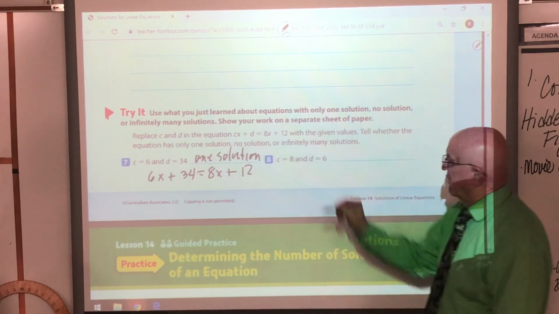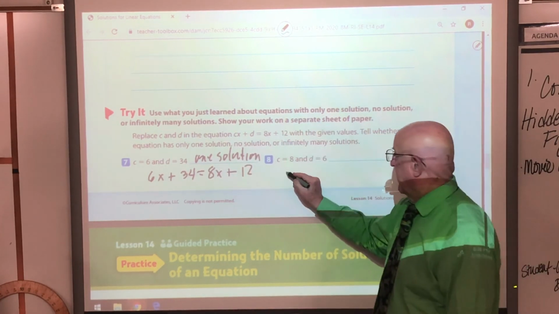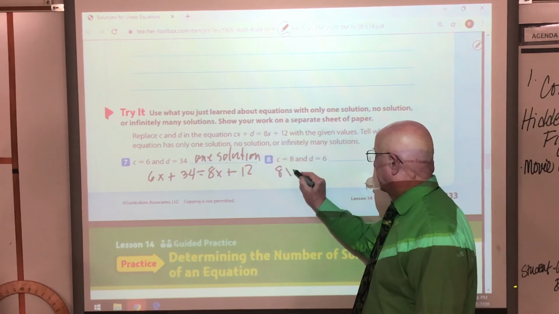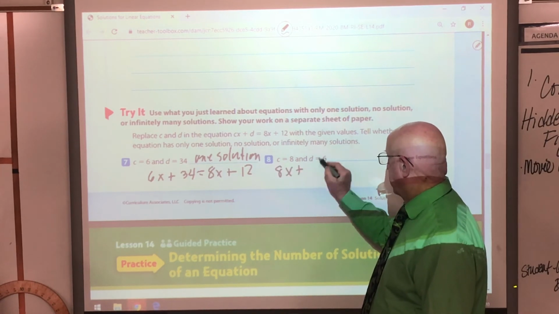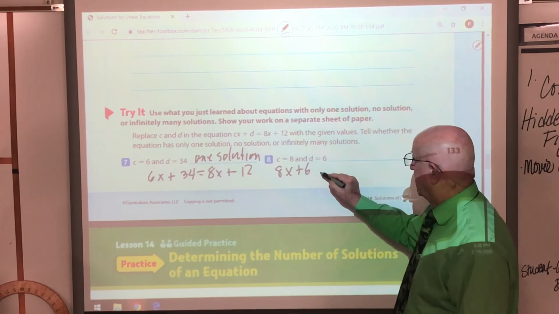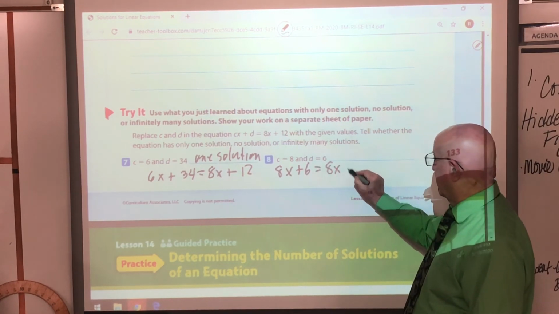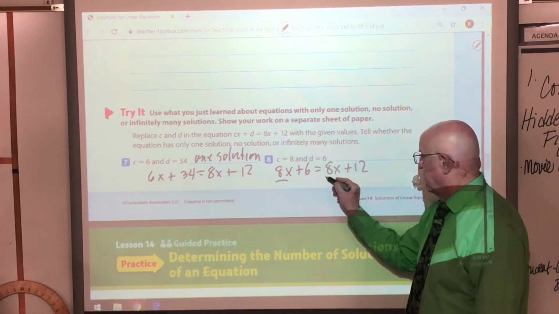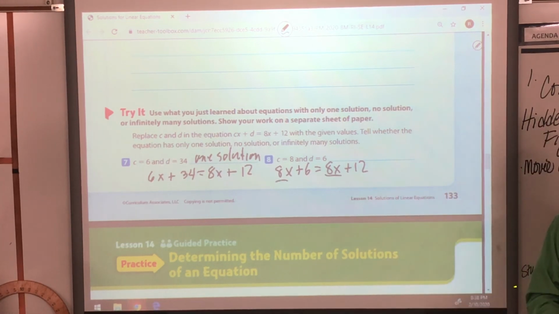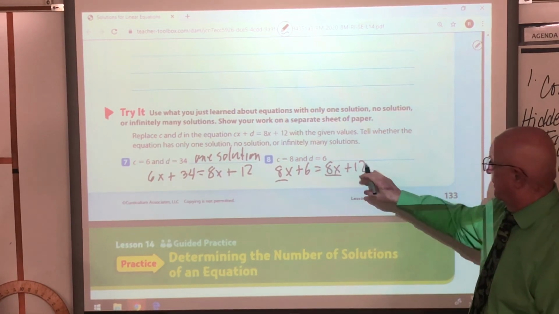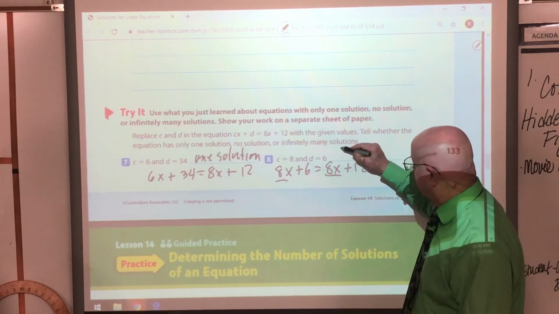Now if I put an 8 in there for c, I get 8x plus 6 equals 8x plus 12. Here I have the same variable but a different constant, so I have no solutions.